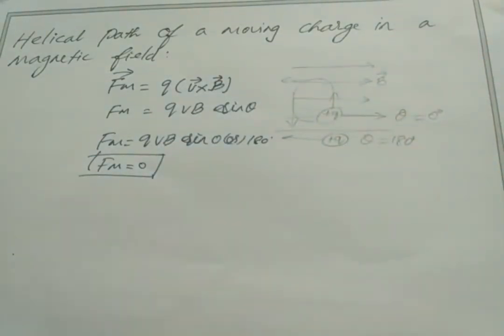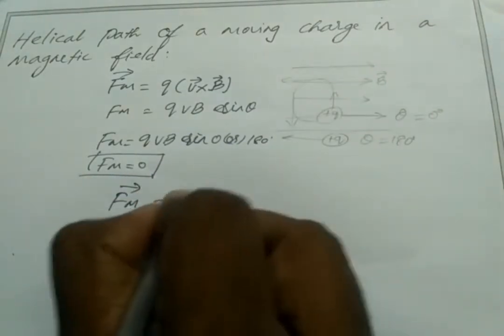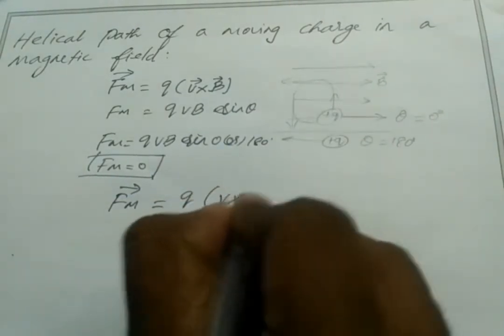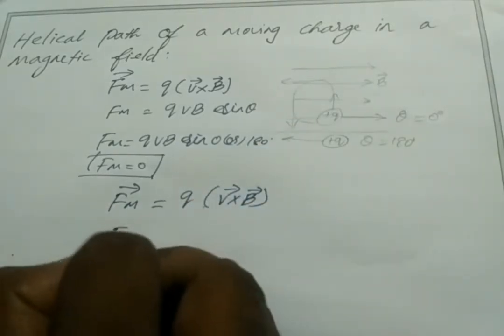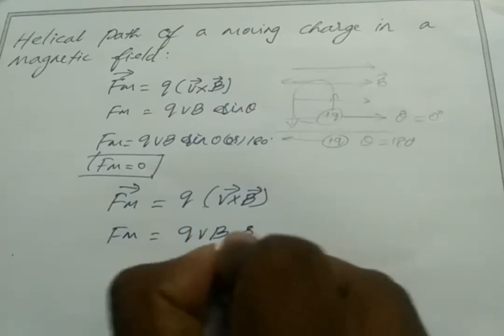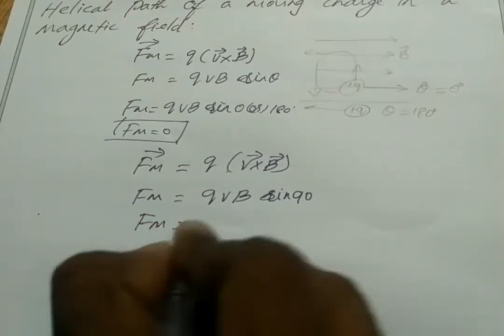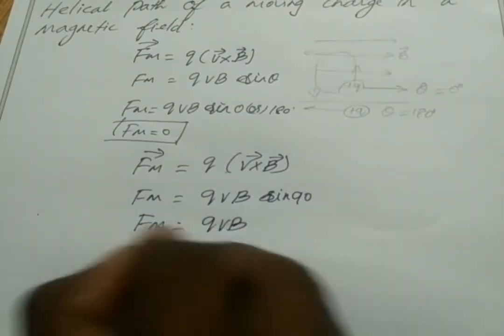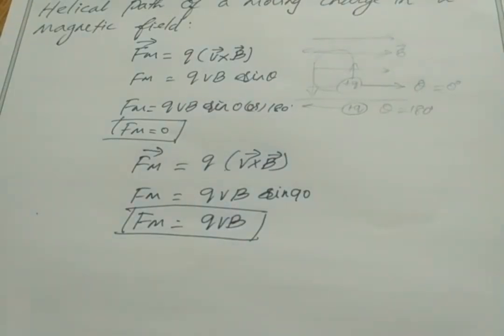This is the second case. So here we have Fm equal to q of v cross b, Fm equal to qvb sin 90, Fm equal to qvb. This is case 2.